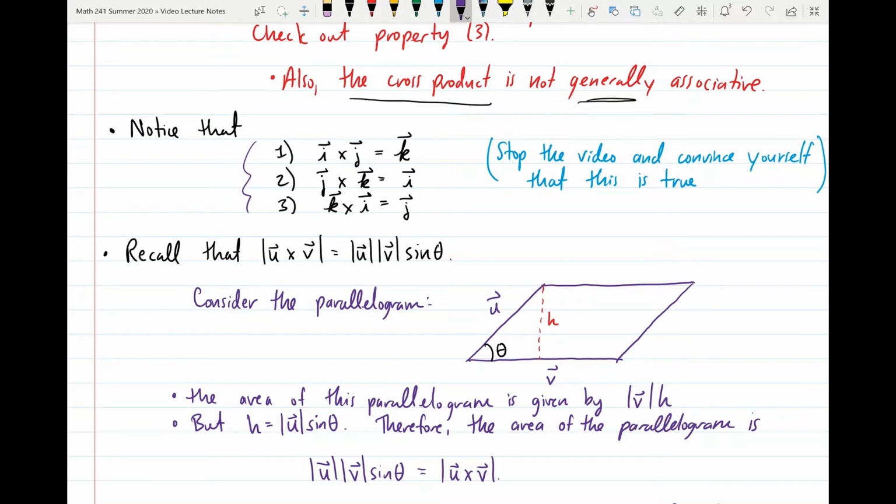You can either just memorize these facts, or if you want to, you could try and convince yourself that it's true just by plotting the standard unit vectors in a coordinate frame and then asking yourself, using the right hand rule, what's going to happen when you take the cross product of each of them. That shouldn't be too tough of an exercise. If you want to, you can stop the video and just convince yourself that these three equations here are true.